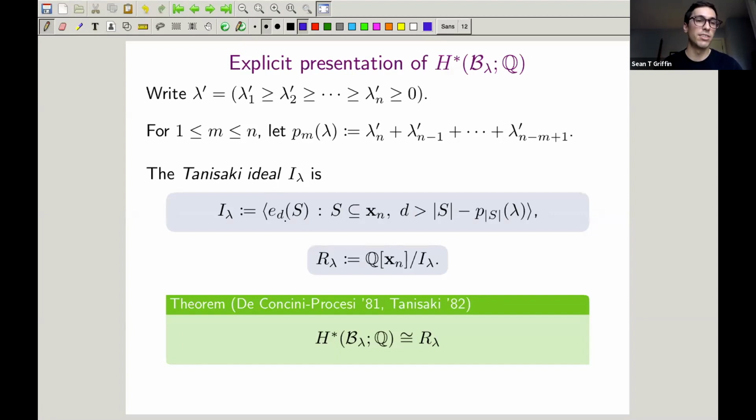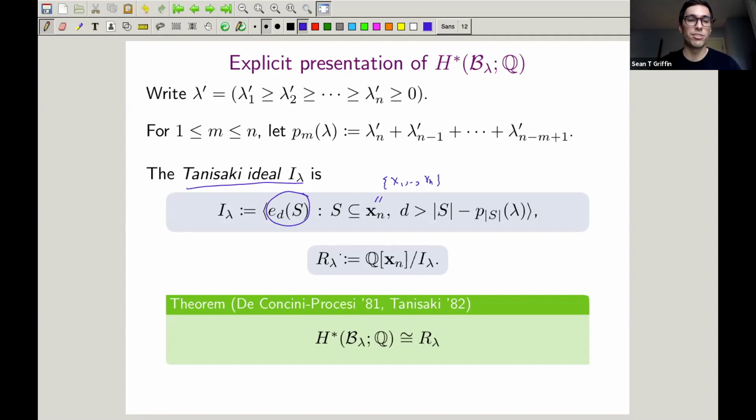So in this talk, I'll follow Tanisaki's presentation. Tanisaki defined the ideal I_lambda to be a certain ideal generated by elementary symmetric polynomials in subsets of the variables. So remember, bold x_n is the set of variables x_1 through x_n.